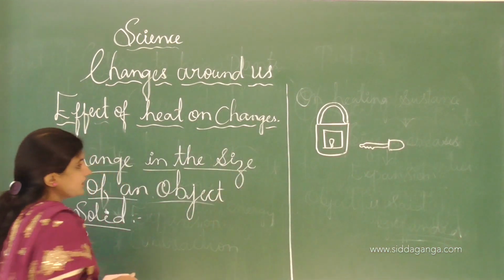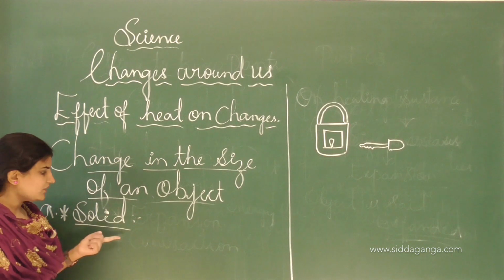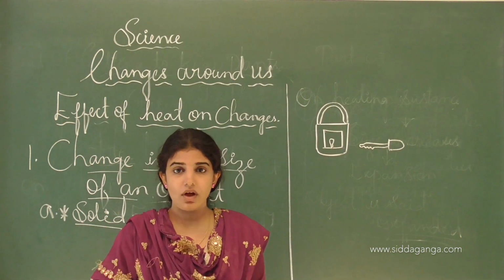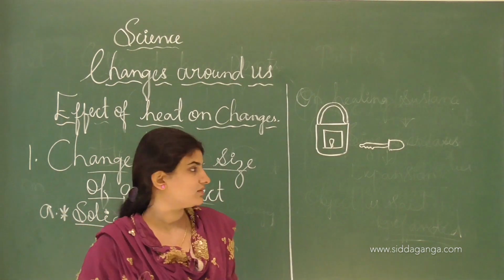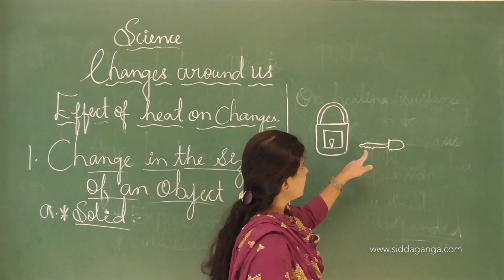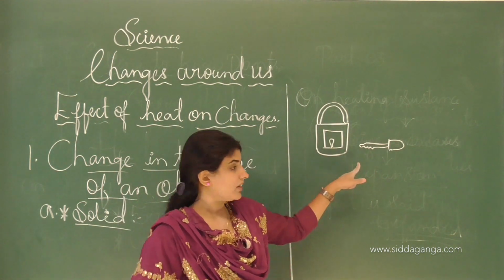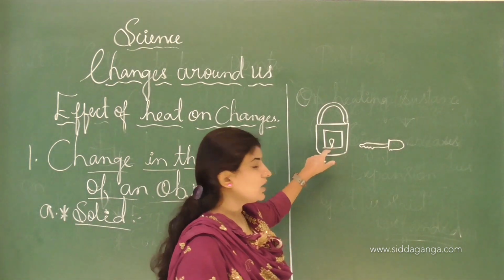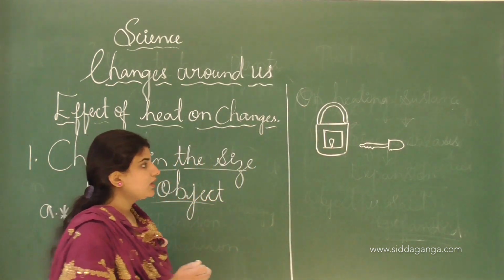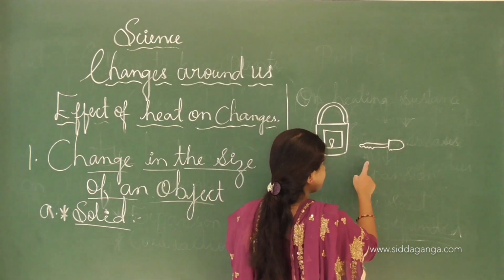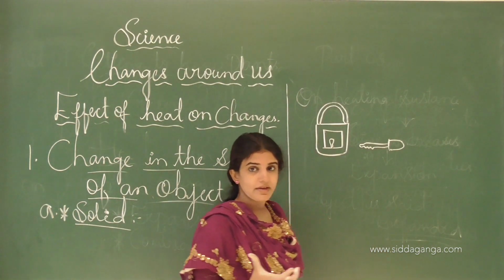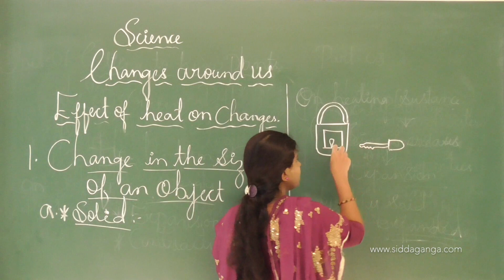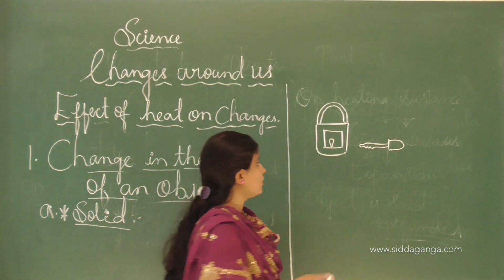Both lock and key are solids. As I told you, most solid objects expand on heating, and on cooling they come back to the original size. If we heat the key until it is red hot, it will expand and will not fit into the lock. On cooling, the key comes back to the original size, so that it fits into the lock completely.